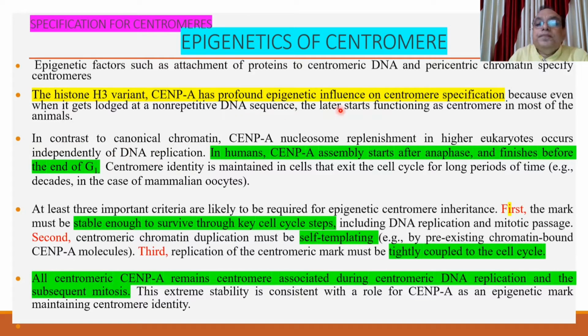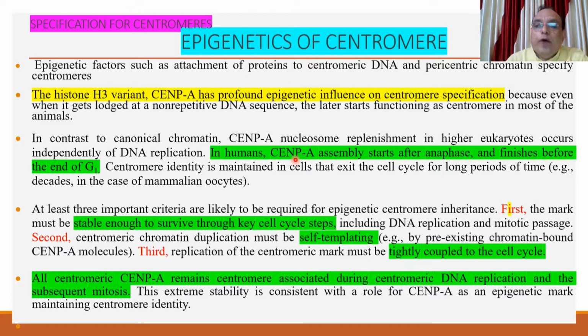Now, this centromeric protein A also crosses the barrier of fertilization, and we have seen that it is synthesized independently of the DNA replication, and most of the proteins are synthesized in the S phase of the cell cycle. You know that M, G1, S, G2.